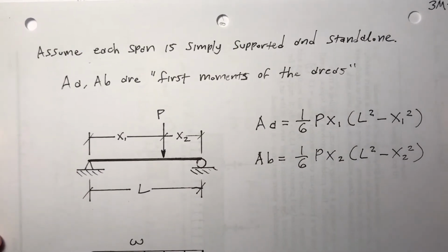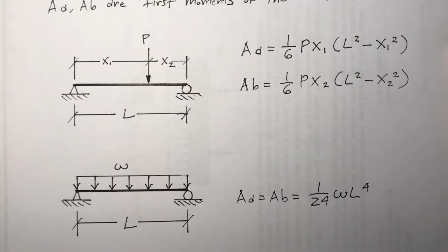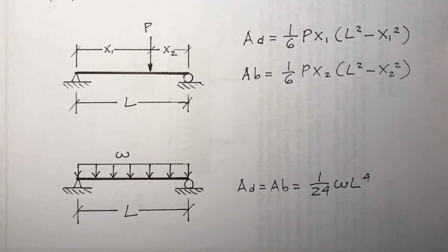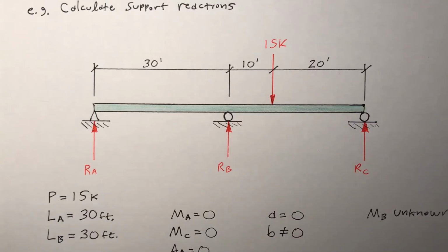Now here's another common scenario: a distributed load, omega or W. The first moment of the area would be, for both cases, A sub A and A sub B, 1/24th W L to the 4th. I have a feeling that I might be using these standard formulas. So for example, calculate the support reactions.